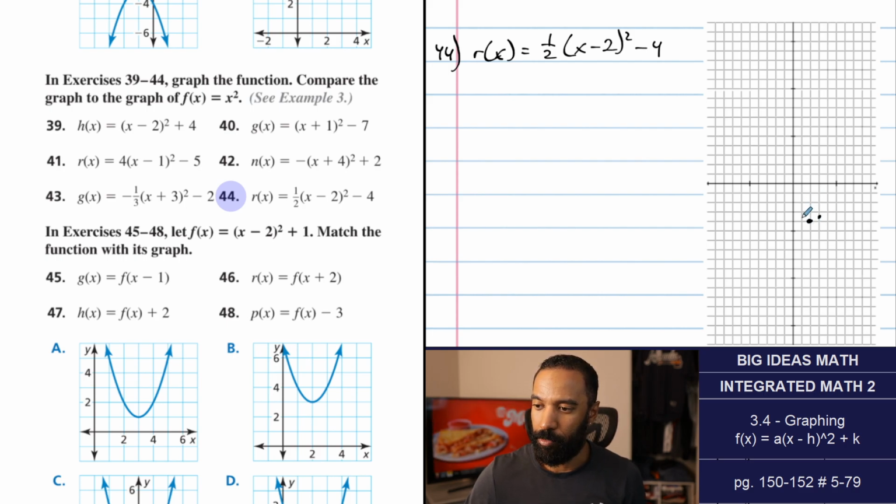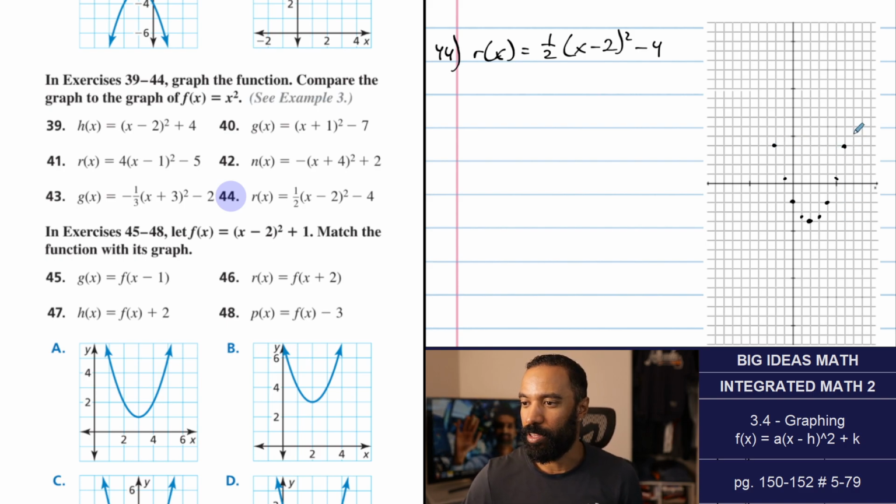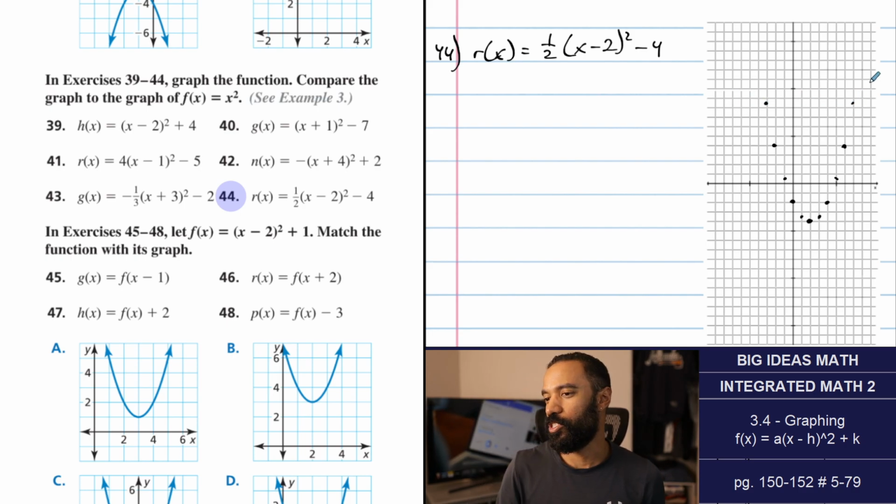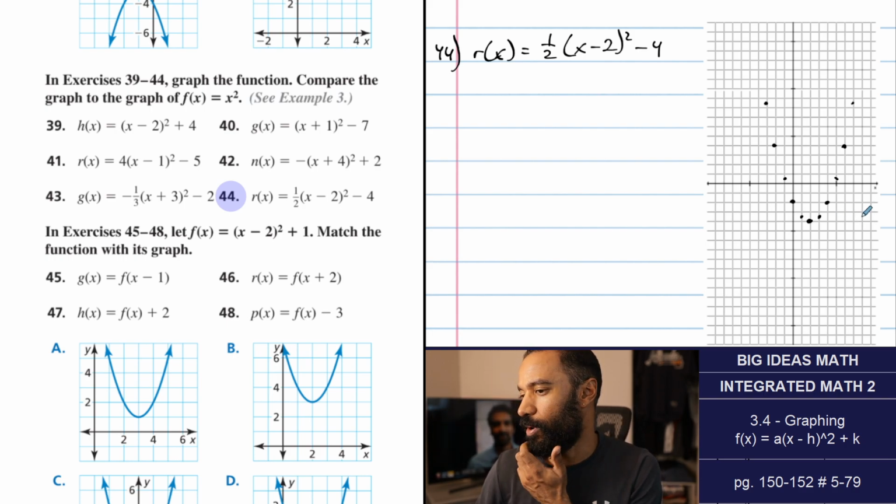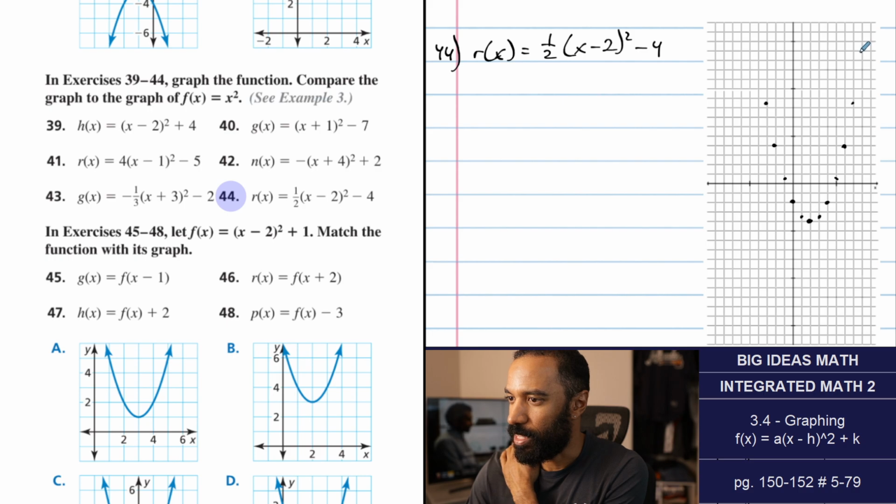Over 1 up half of 1. Over 2 up half of 4. Over 3 up half of 9. Over 4 up half of 16. That's 8. Over 5 up half of 25. That's 12 and a half. Over 6 up half of 36. That's 18. 18 up from negative 4 is 14. I can fit that right here.